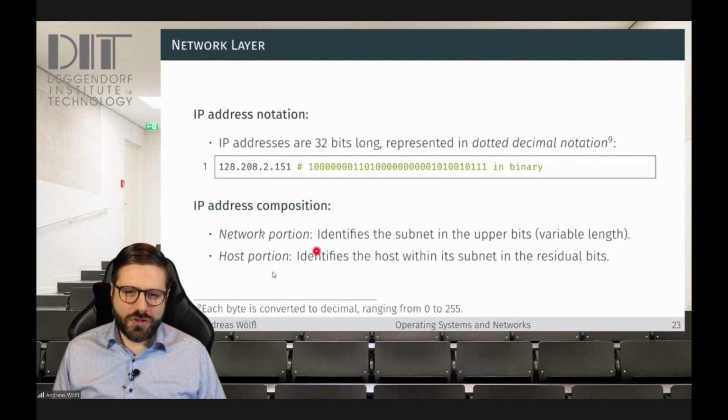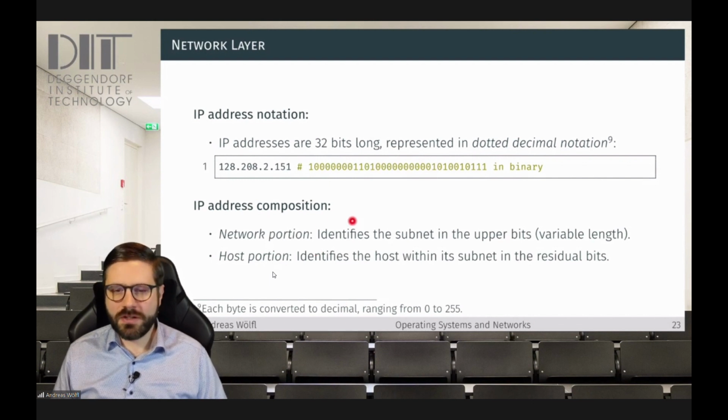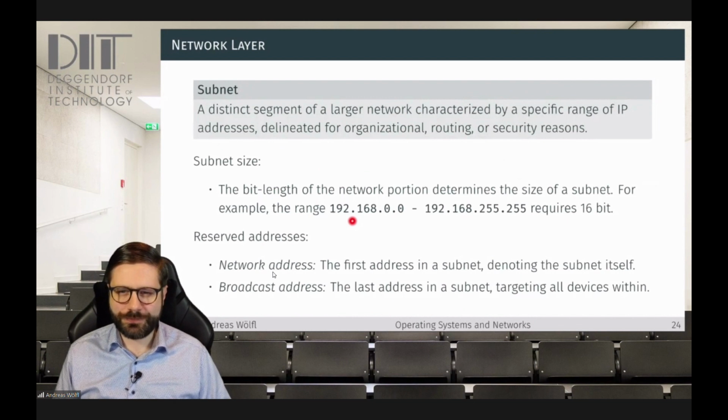The size of the network portion defines the size of the subnet, and network portion and host portion sum up to 32 bits. So for example, if you have a network portion of 8 bits, you have a host portion of 24 bits, because the sum is always 32 bits.